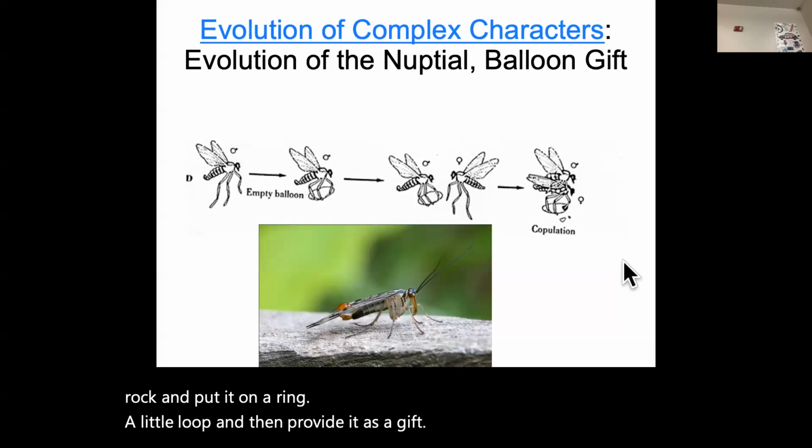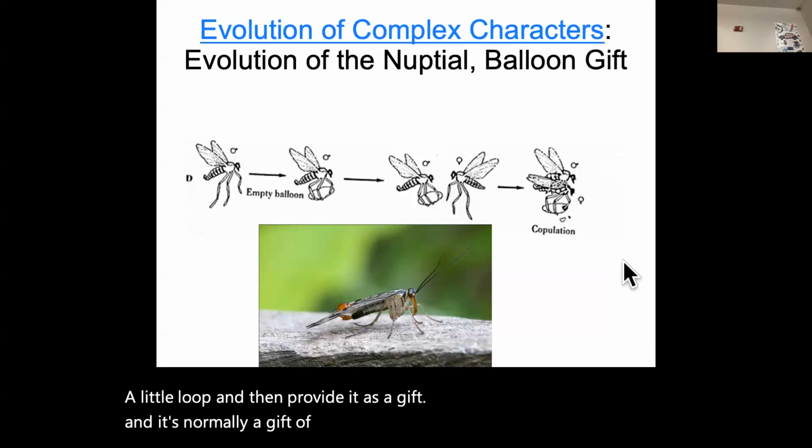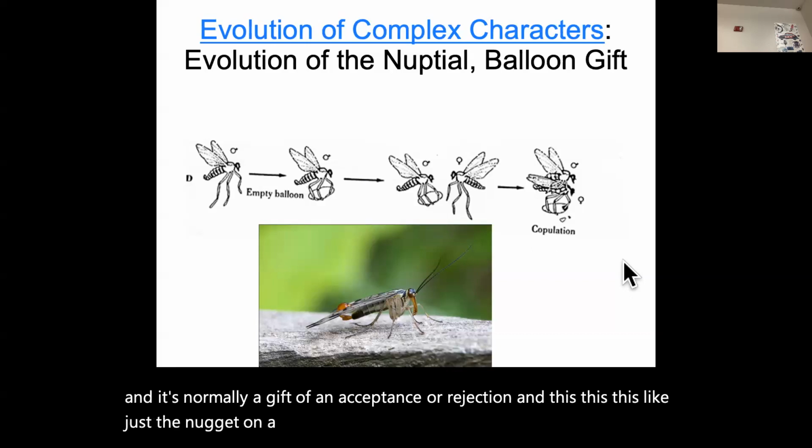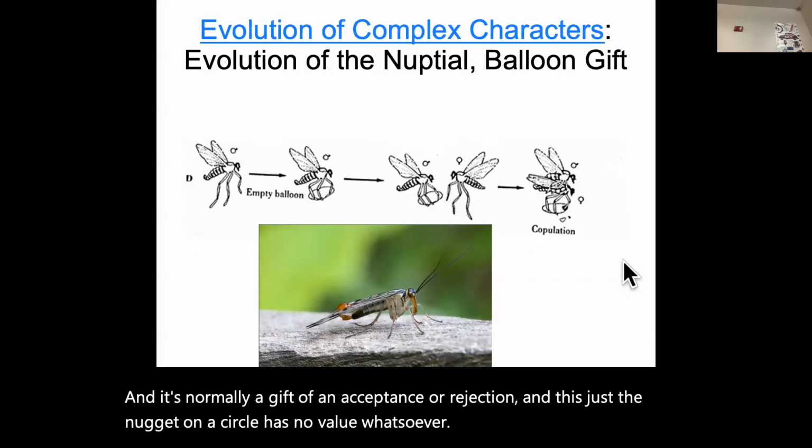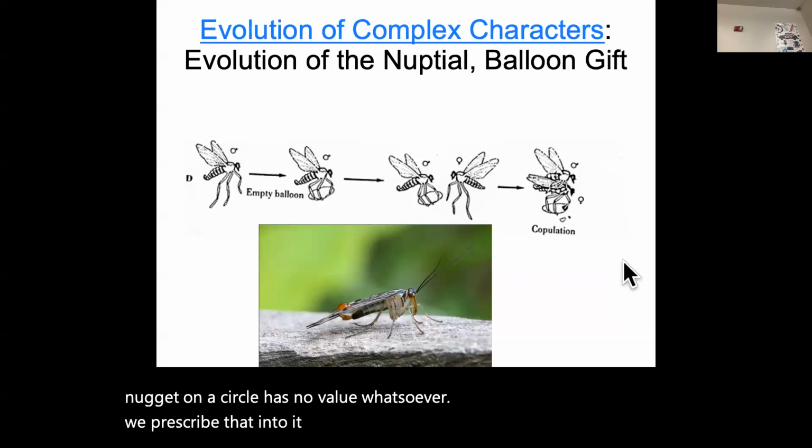And it's normally a gift of an acceptance or a rejection. And this nugget on a circle has no value whatsoever. We prescribe value to it, but it has no value whatsoever.